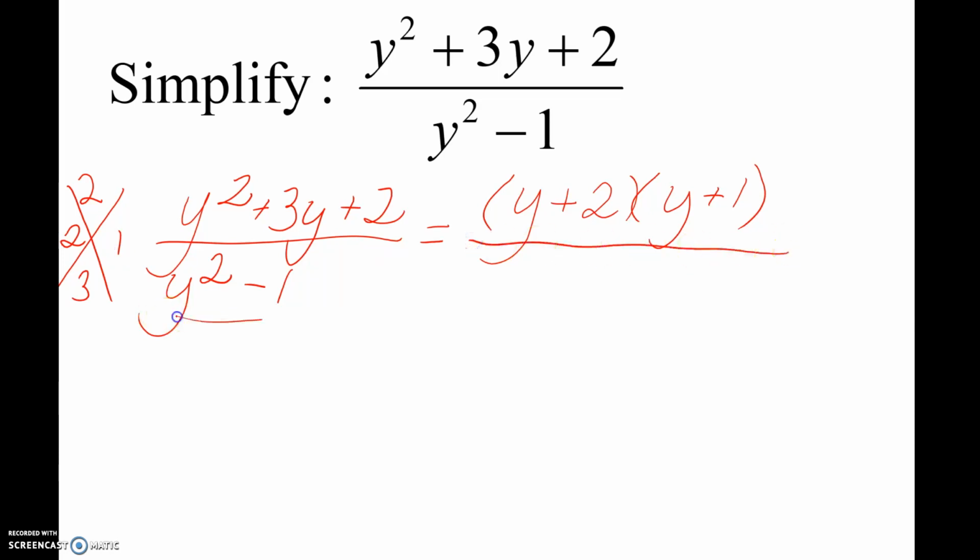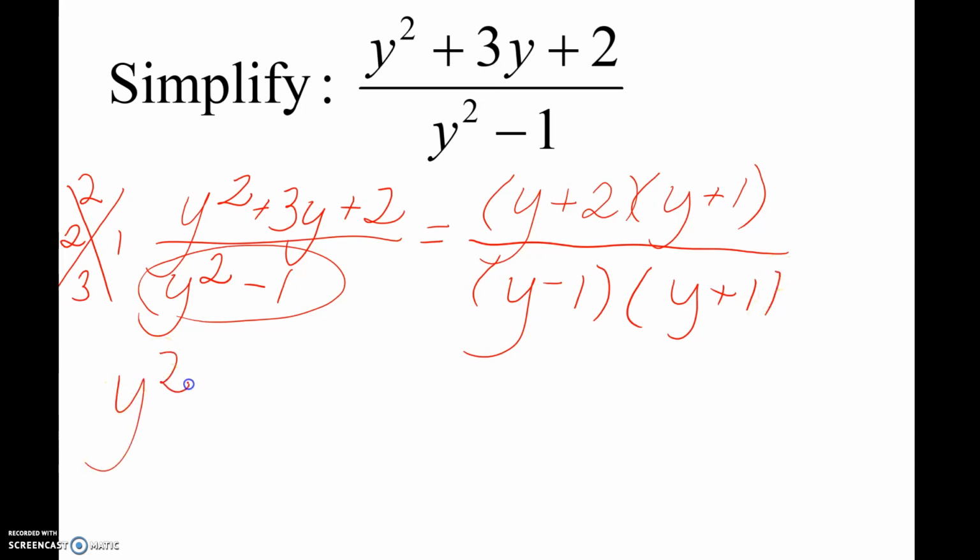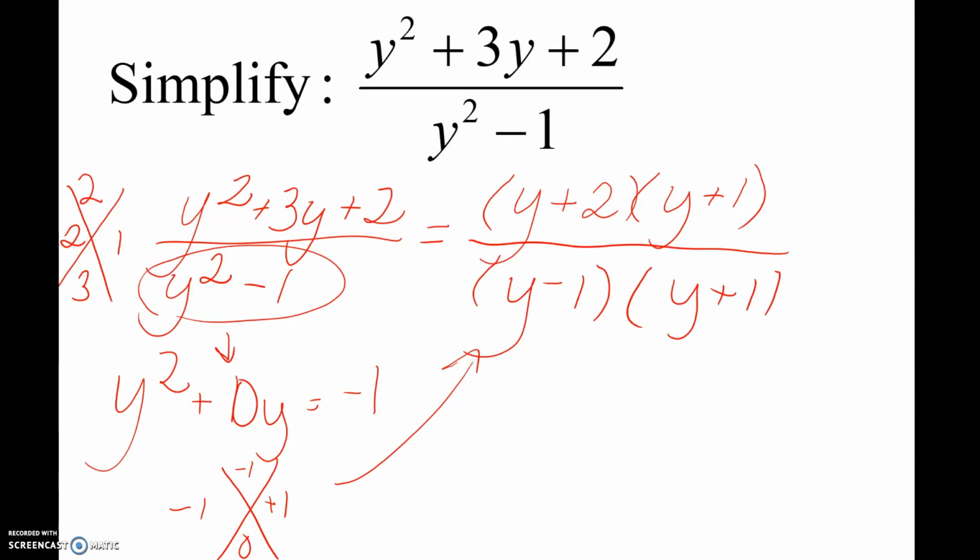And then the bottom is a difference of squares, so we know that factors into y minus 1 and y plus 1. Just to recall, we could rewrite this as y squared plus 0y minus 1. What multiplies to be negative 1 and adds to be 0 is negative 1 and positive 1. So that's how we get that difference of two squares.